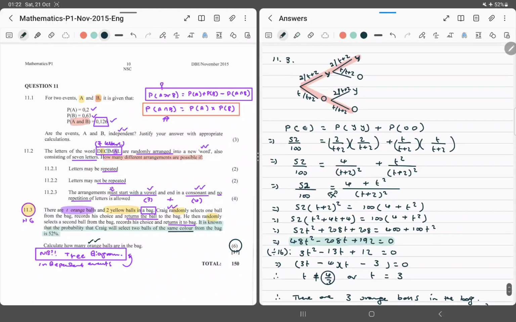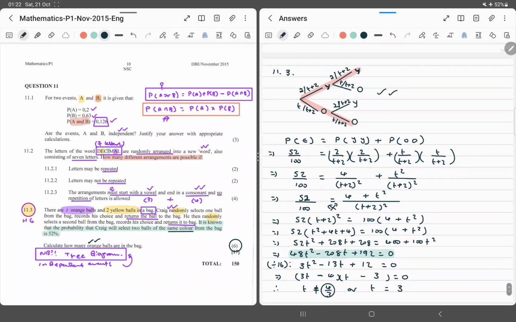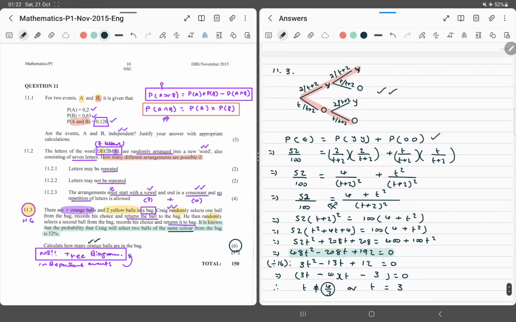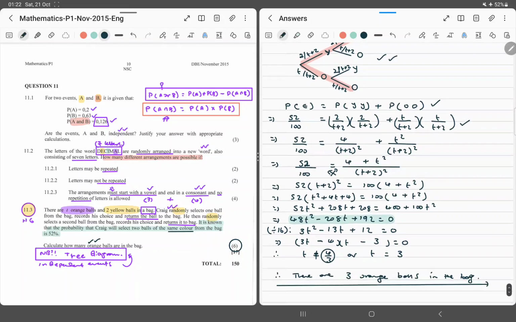Okay, so this is 6 marks. For this one, I'd give you 2 marks for getting the tree diagram and the probabilities thereof. Number 2, setting up this equation is important, and substituting into that equation properly is mathematical. And then we've got how many marks now? 4.